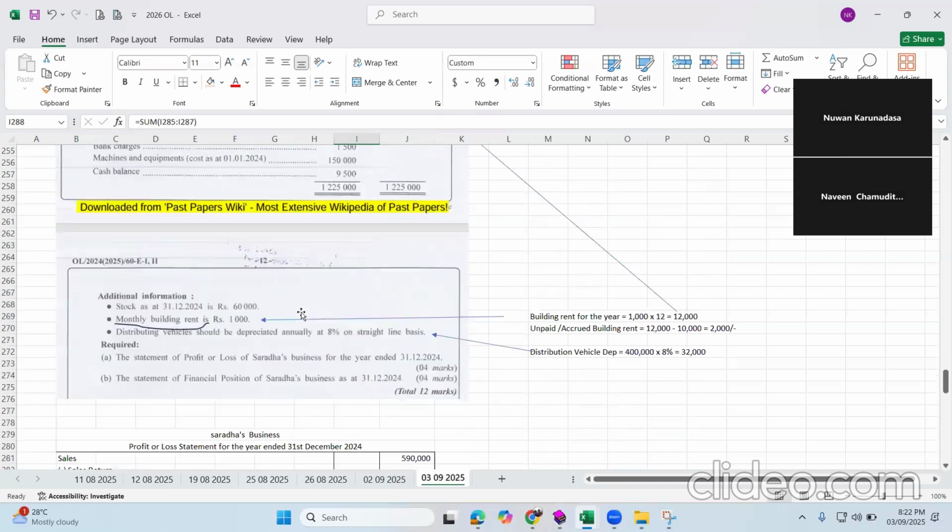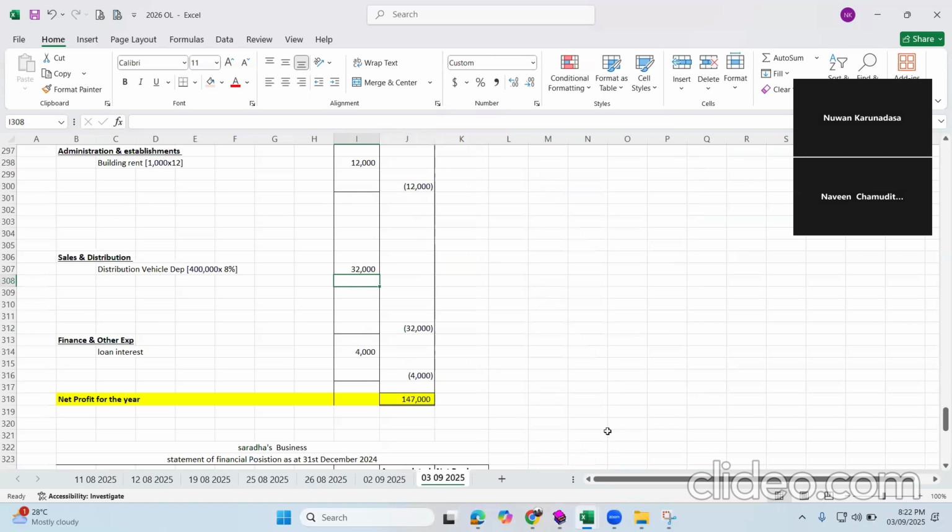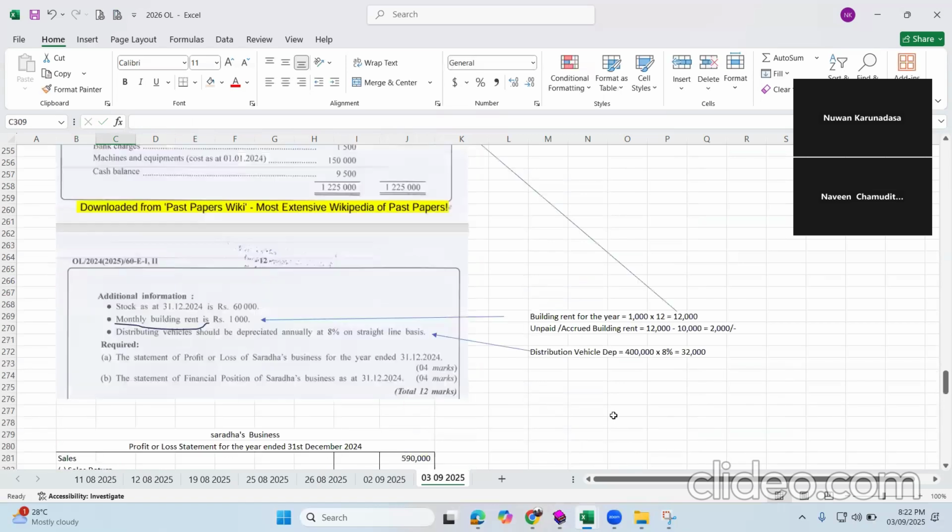Sales employee wages 90,000. Sales salary 90,000.